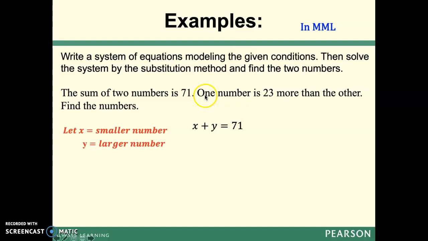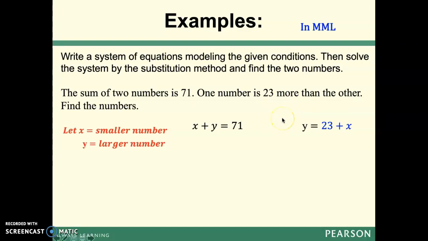My second equation comes here. One number is 23 more than the other, so that one number has to be the bigger number. So y, which is the larger number, is, that's your equal sign, y is 23 more than x. And there's your two equations.